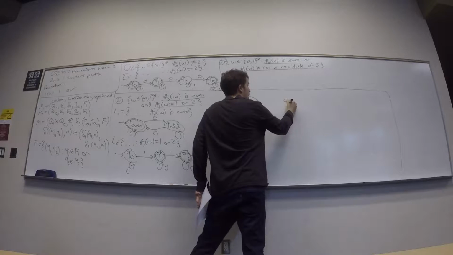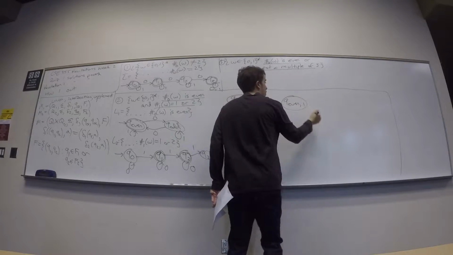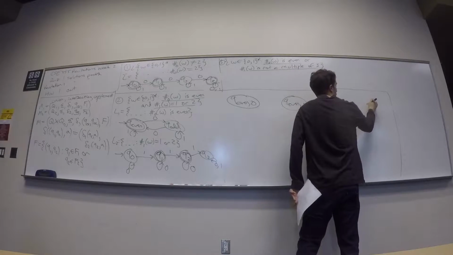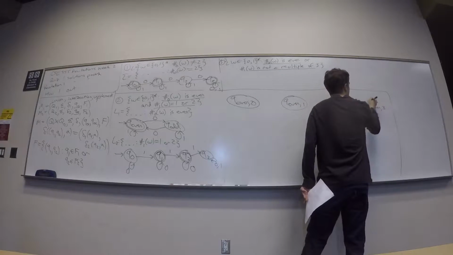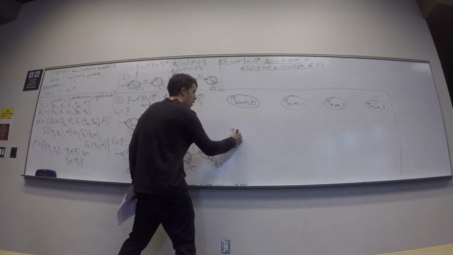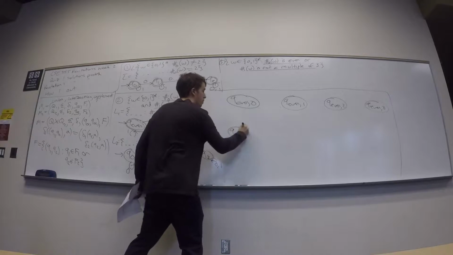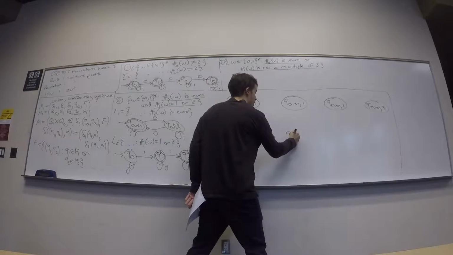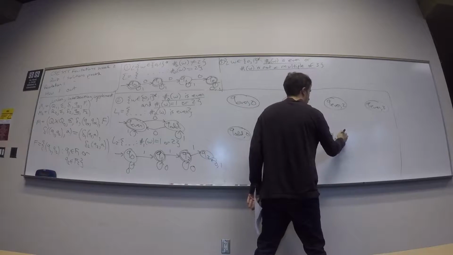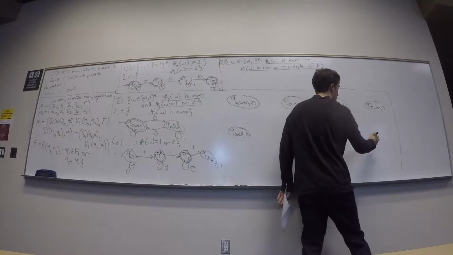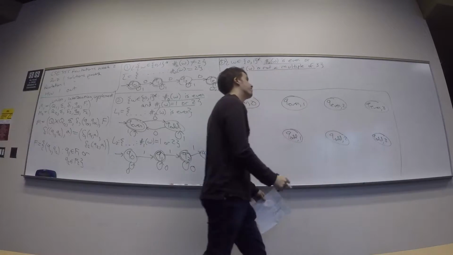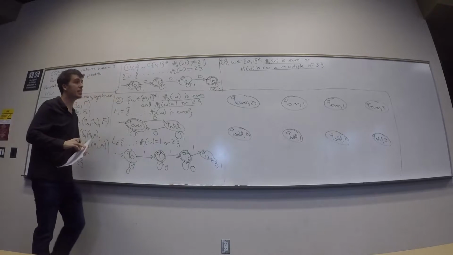So I'm going to make Q even 1, Q even 2, Q even 3, Q odd 0, Q odd 1, Q odd 2, Q odd 3. I think that's 8 states.